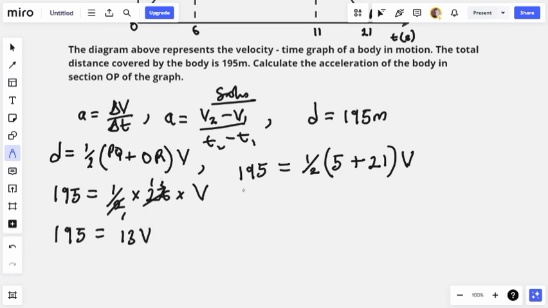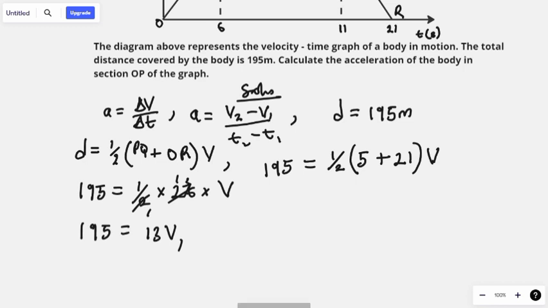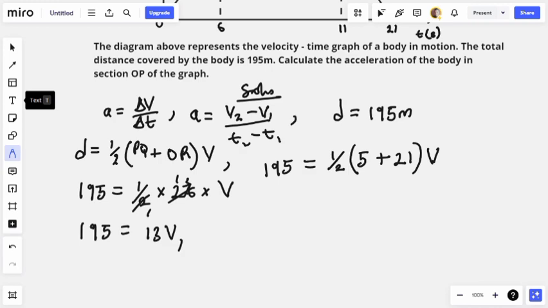So to make V the subject of the formula, we divide both sides by 13. 13 will cancel 13, and this will cancel, 15 times.